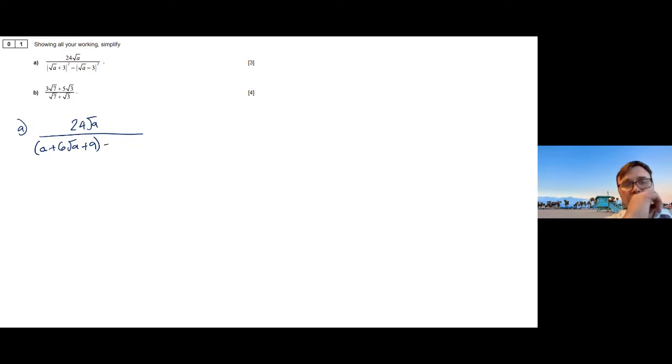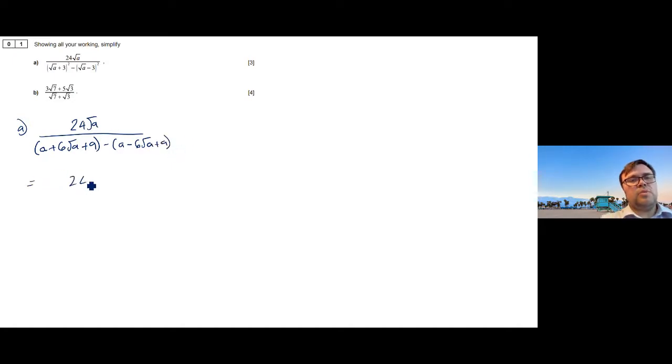I'm hoping you can see that it's very similar. The only difference is the minus sign. So we're going to have minus, and then this is going to be a, and then instead of that plus, we have minus 6 root a, and again we're going to have plus 9.